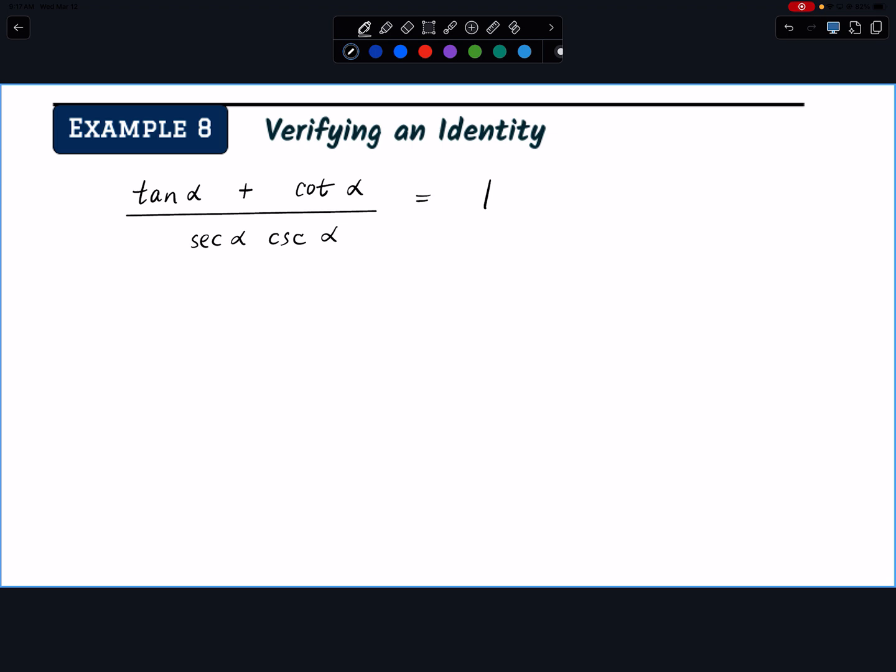Okay, let's do that. Can you imagine trying to change this to that? I don't know how you do that.